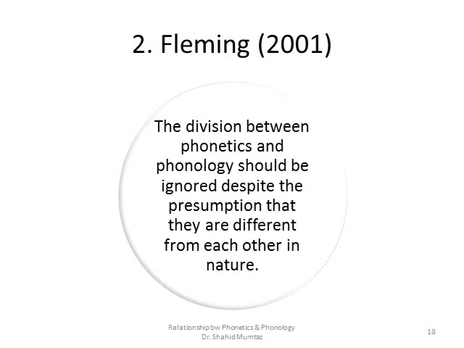However, it's not clear whether phonological and phonetic properties are even considered the same or not within this unified framework. One possible interpretation for Fleming's claim would be that the division between phonetics and phonology should be ignored despite the presumption that they are different from each other in nature.